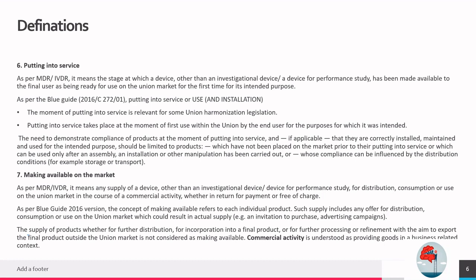When you say whether it is making available on the market or not, I'll just give an example. For example, a manufacturer is outside the European Union, and they have to ship devices to, for example, Australia. They are from South America and do not have a direct route.